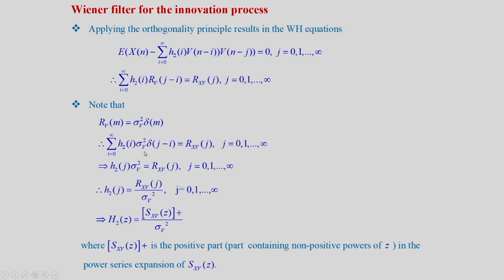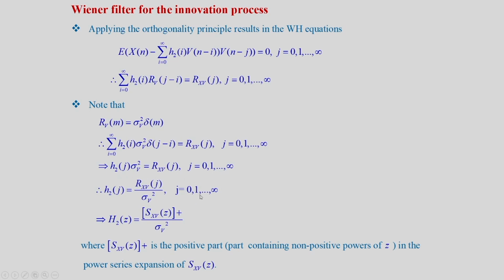Now, using the property of the delta function, we get h2j into sigma v square must be equal to rxv of j for j is equal to 0 to infinity, which gives h2 of j is equal to rxv of j divided by sigma v square, and this is for j is equal to 0 to infinity.